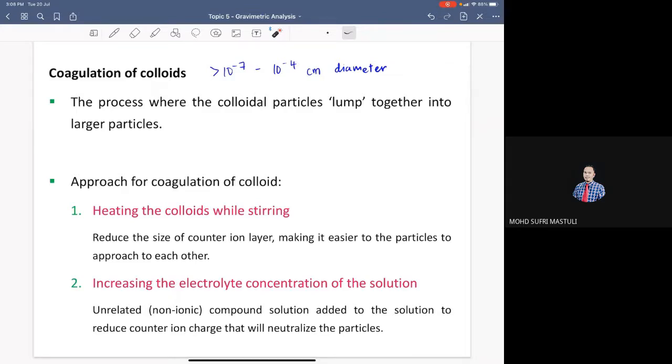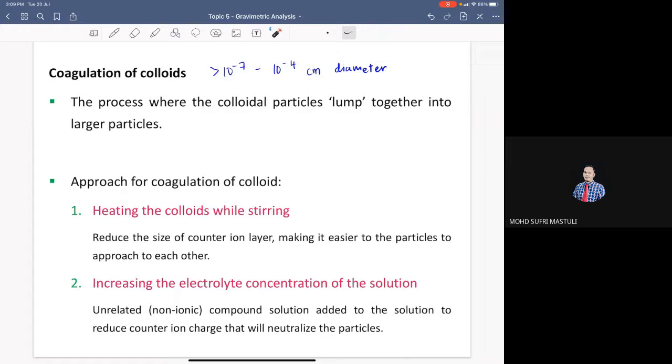Okay, so there are several approaches for coagulation of colloidal. One is heating the colloid while stirring, so it can reduce the size of the counter ion layer, making it easier for the particles to approach each other.